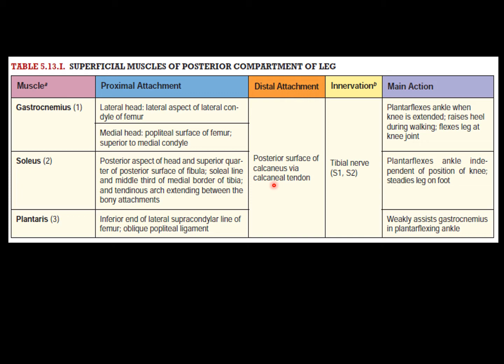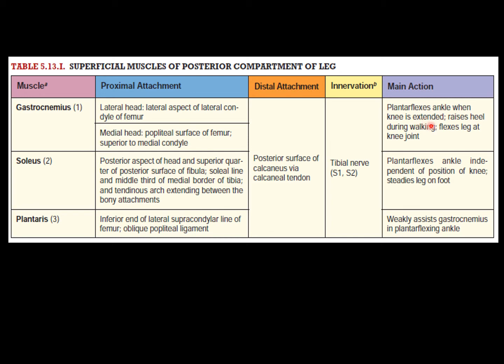The calcaneal tendon, which is almost 15 centimeters long, descends down and attaches to the posterior surface of the calcaneus. The nerve, as we have already discussed for all these muscles, is the tibial nerve, arising from sacral 1 and sacral 2 spinal nerves.